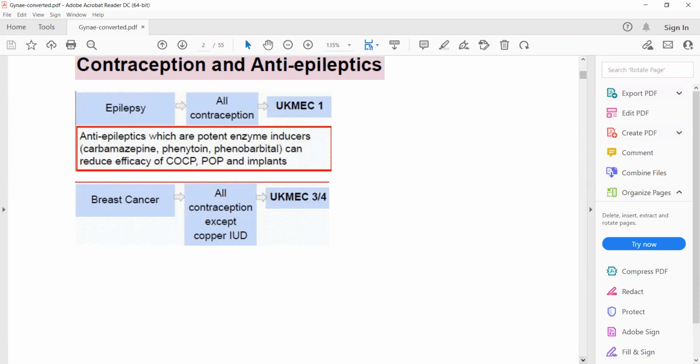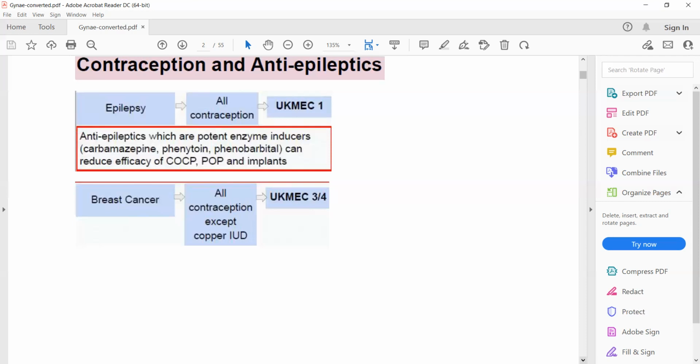If the patient is taking one of these drugs, remember that they are potent enzyme inducers, so they can reduce the efficacy of COCP, POP, and implants such as Nexplanon.